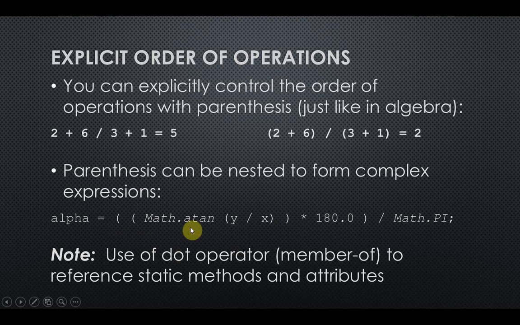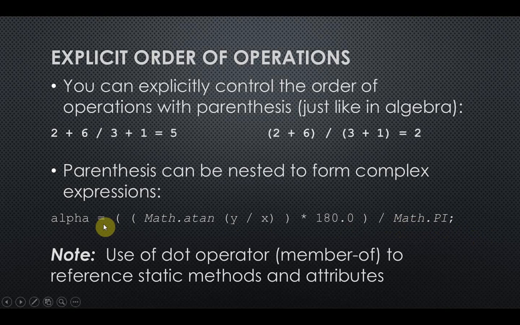The result of that arctangent operation is then multiplied by 180. Then the result is divided by pi. Pi is a constant value because it's in all caps, and it's also a static value because it's accessed with the name of a class. So it's the PI member of the Math class.